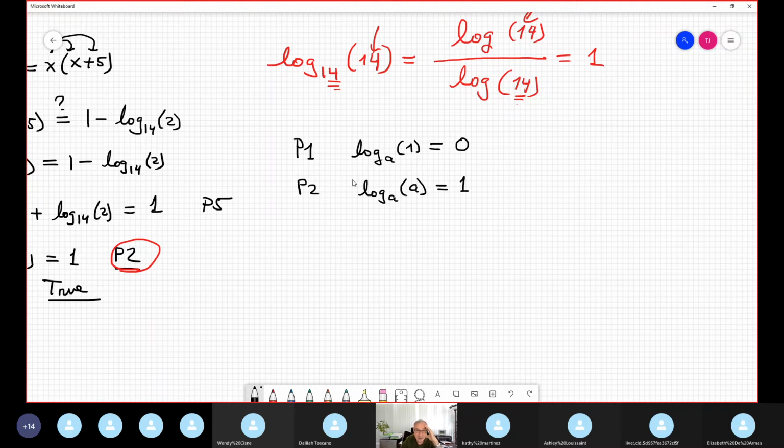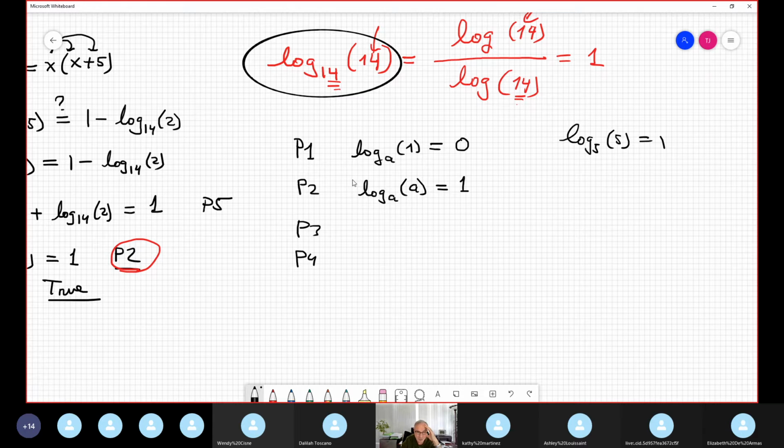Look at this example: logarithm base 5 of 5 is 1. Property 3 and property 4 are not important. Property 5, property 6, and property 7 are super important.